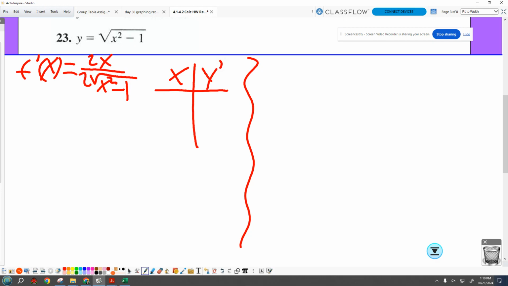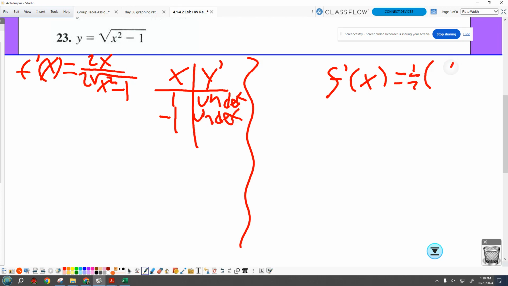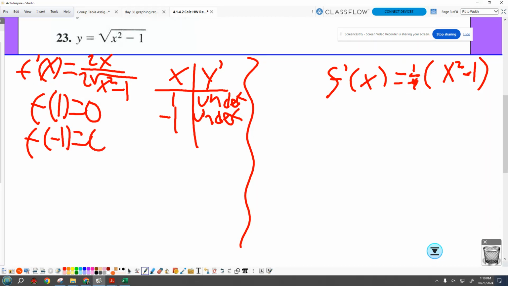So to find extremes, what's the process? Do the derivative. Find where the first derivative is 0 or undefined. And then check those critical points and the endpoints. Do we have endpoints given to us in this question? Are there endpoints or not?